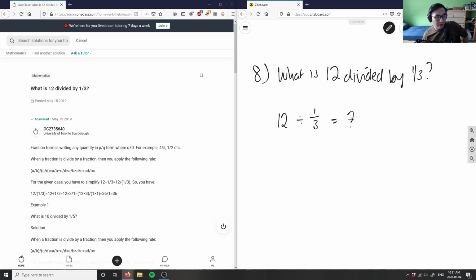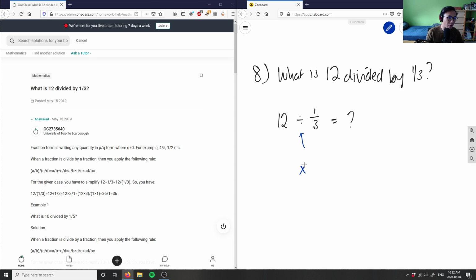So when we're dividing fractions, we have to keep a rule in mind. Every time we are dividing by a fraction, we can convert the division into a multiplication, and in order to do that, we have to flip our fraction.